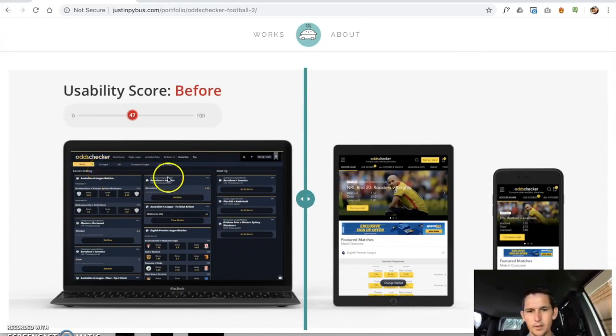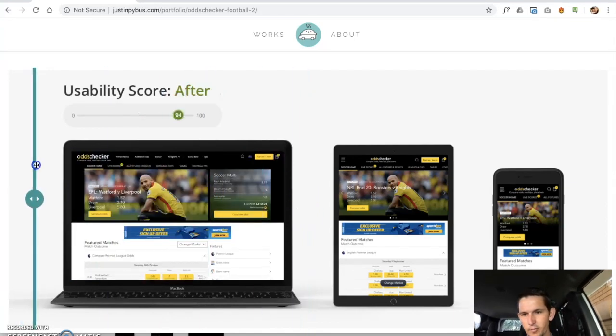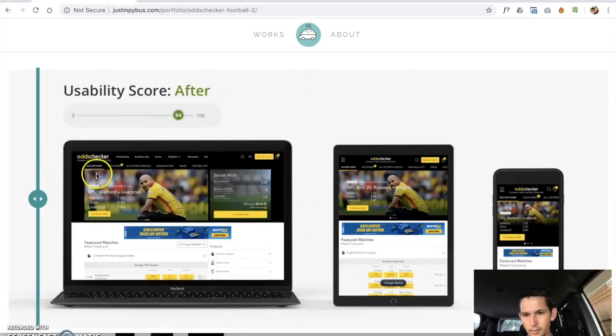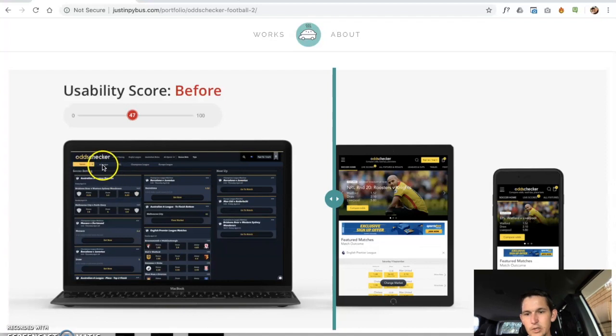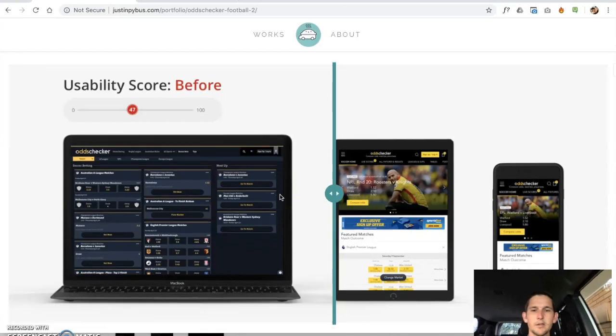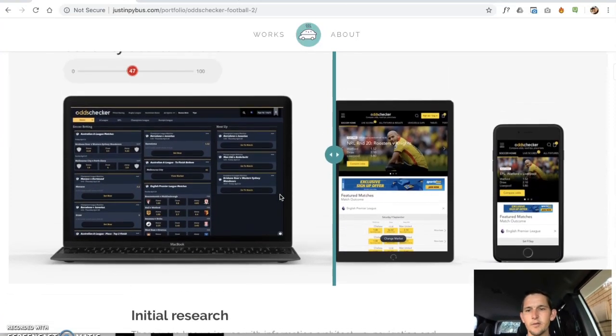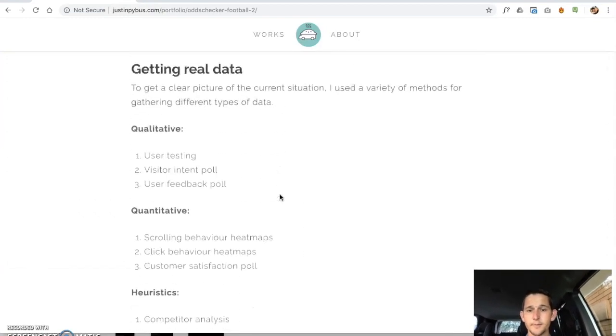So you can see, if I go before and after here, you've got a clear home page, you've got a place for live scores, you've got a place for all of the fixtures and results, a place to navigate to different leagues and cups to learn more about those, and then tables and football tips. Whereas before, it was literally just links to the top 4 leagues, and otherwise you had no idea of how to access other content. So quick sort of example as to the information architecture and how it was really falling short in the beginning.